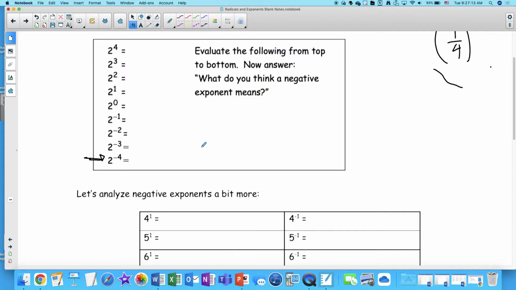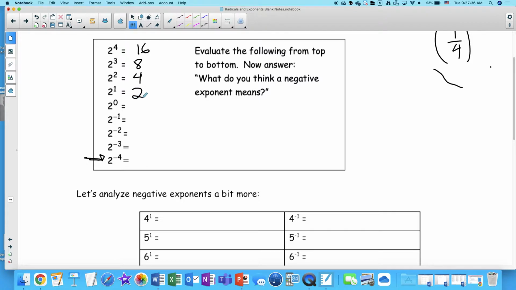You multiply 2 together 4 times, right? So 2 times 2 times 2 times 2. I think I said that 5 times, but 4 of them is 16. Okay, what about 2 cubed? 8. 2 squared? 4. 2 to the 1? 2. 2 to the 0?